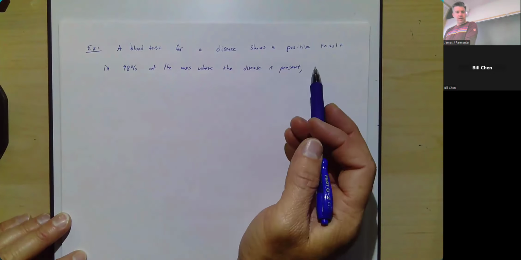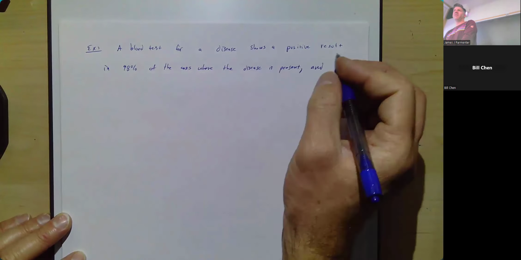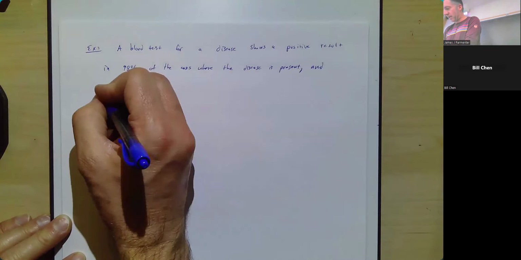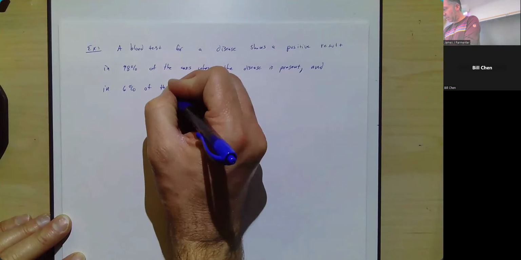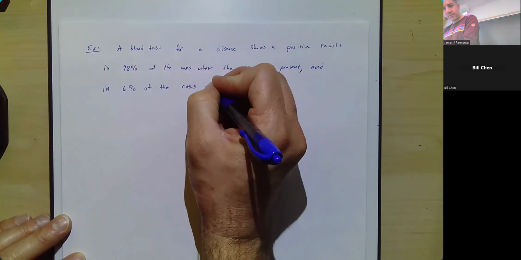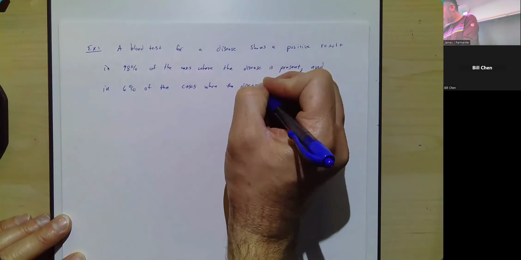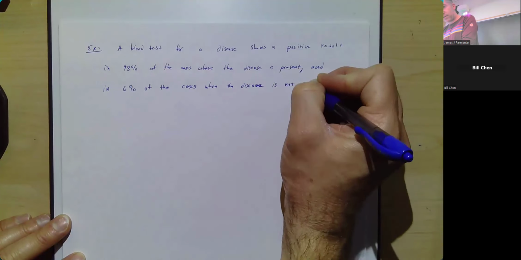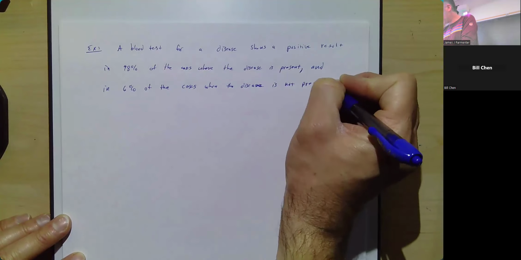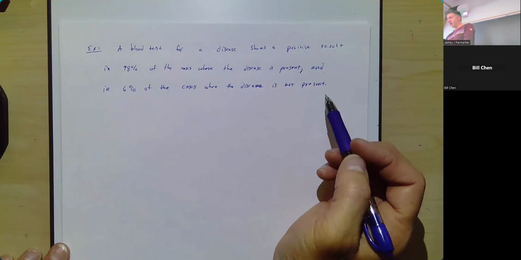There's also a comma here, and I don't love this phrasing, but this is how it's often phrased. And in 6% of the cases when the disease is not present. I don't love this because by the time I've gotten to this part of the sentence, I've forgotten what it's based on.